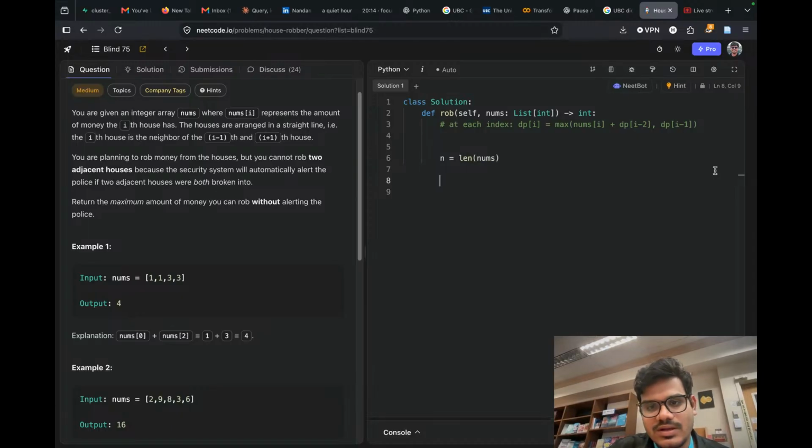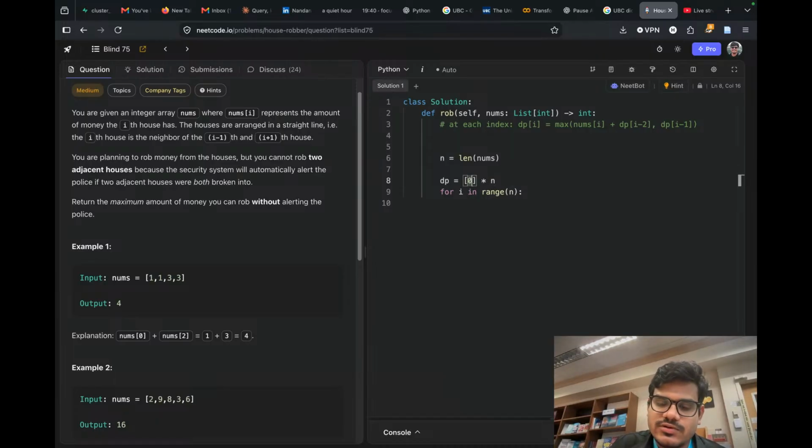Then for i in range n, for each one we have to iterate. So let's create a DP first, filled with 0, and the size will be n.